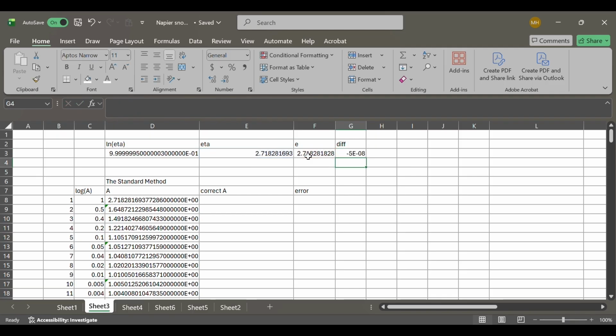Okay. So, to calculate the correct value of A, we'll use the natural log of eta, and we'll multiply it by that log of A column. And we'll calculate the percentage error the standard way.